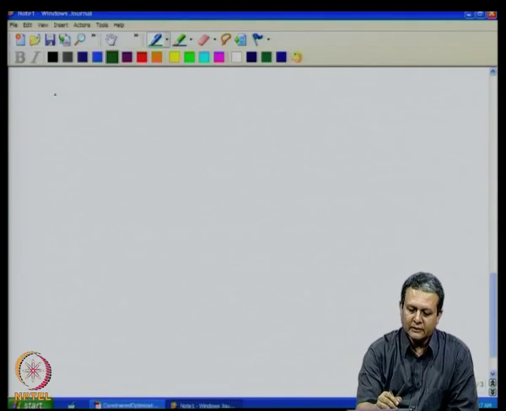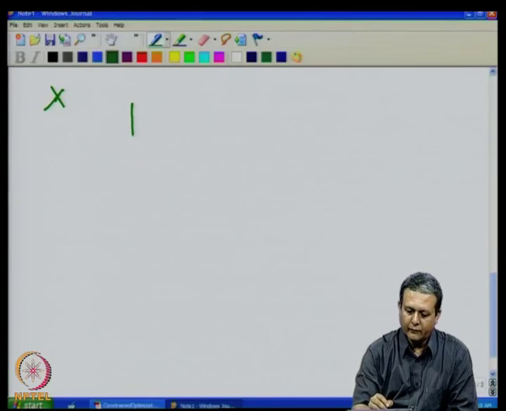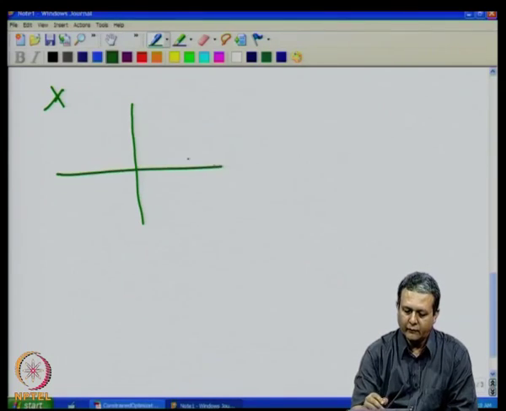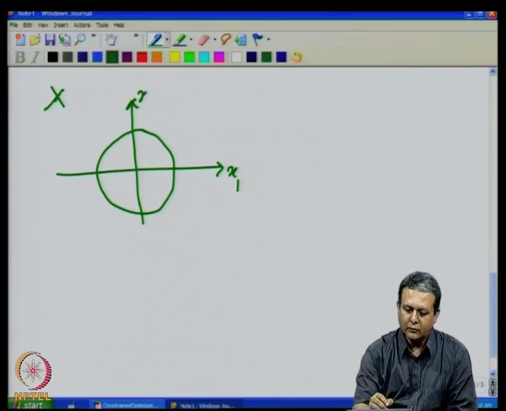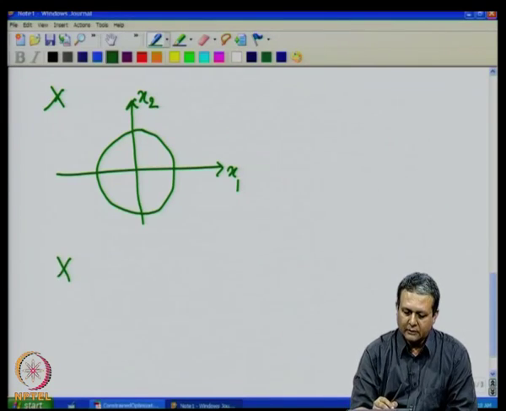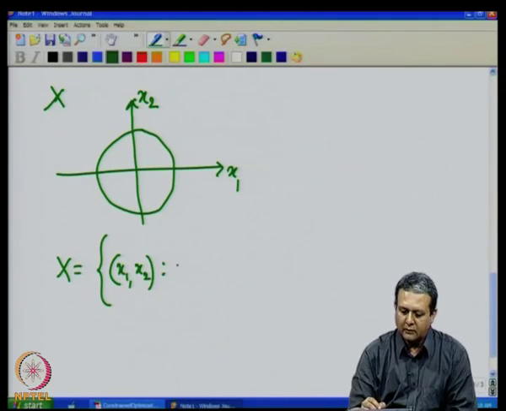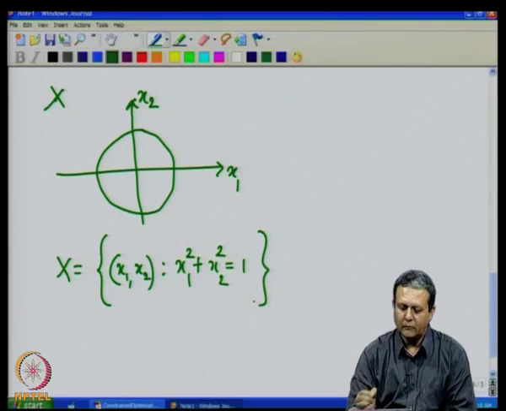Let us assume that our set X is a circle. Let me call this x1 and this x2. So, X is equal to the set of all (x1, x2) such that x1 squared plus x2 squared equals 1.